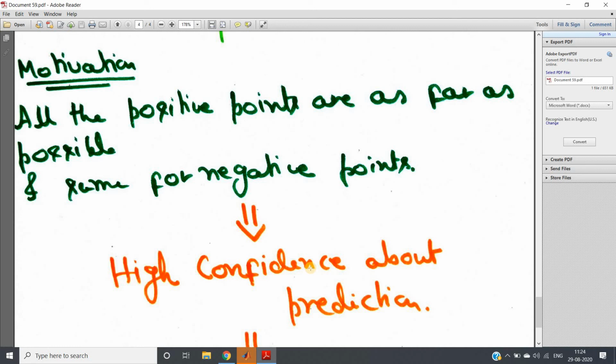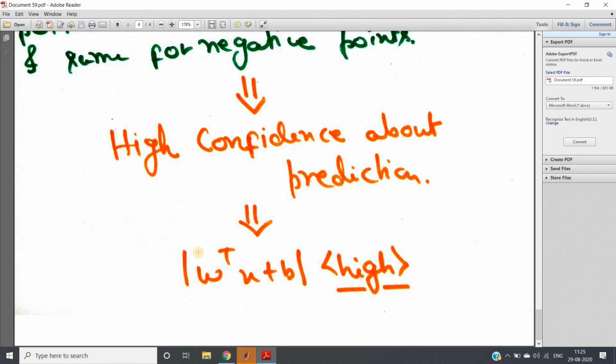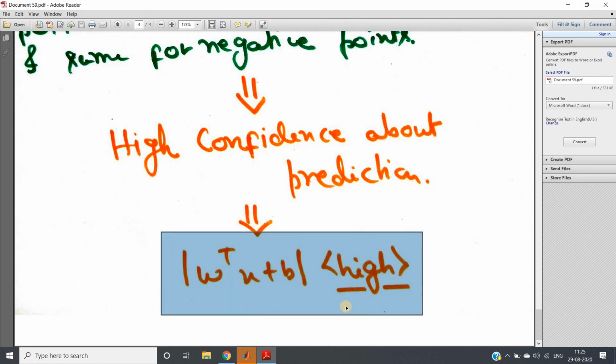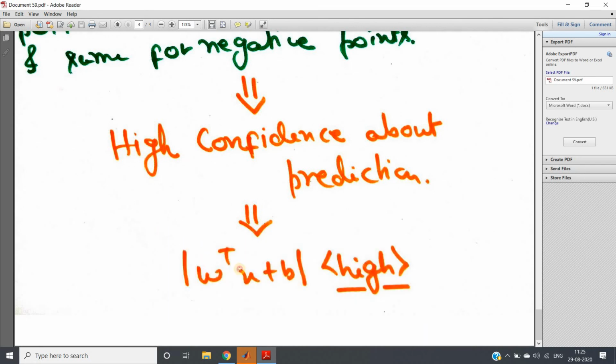Because this is a kind of optimization problem, and optimization sometimes leads to misclassification. If the result is very small, then there will be less confidence, and if the result is high, then the misclassification probability will also reduce, okay. So our actual aim will be that the magnitude of omega transpose x should be as high as possible. It does not matter whether it is negative or positive.